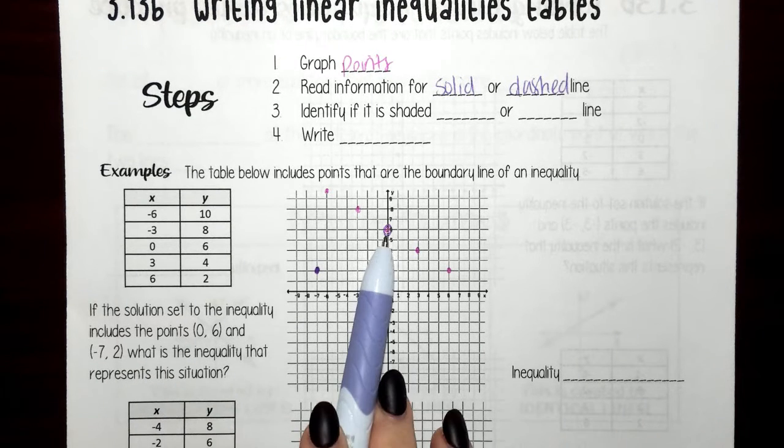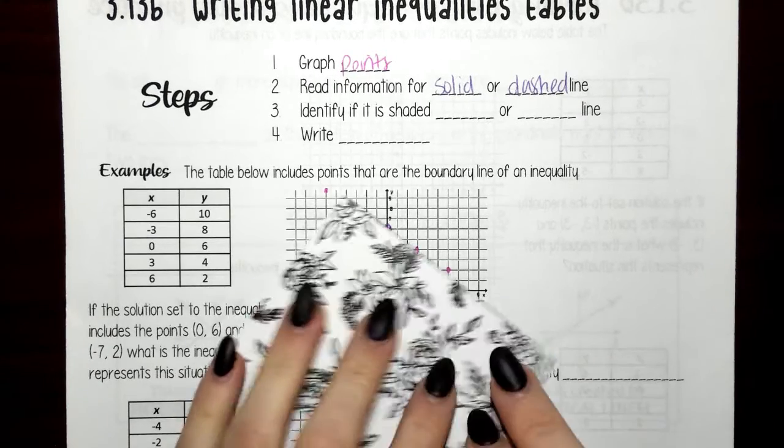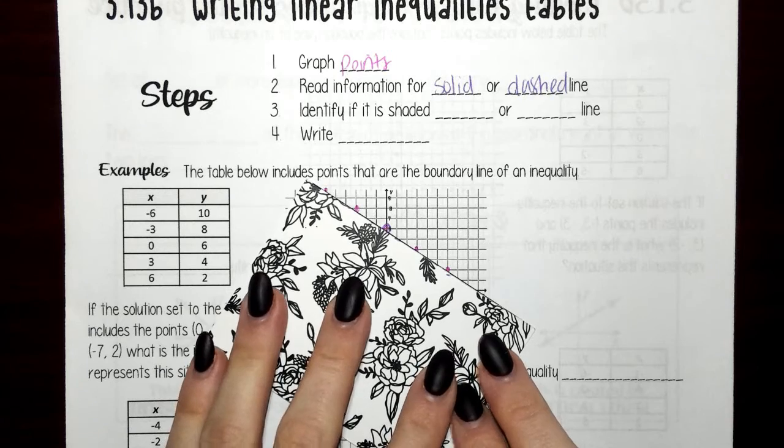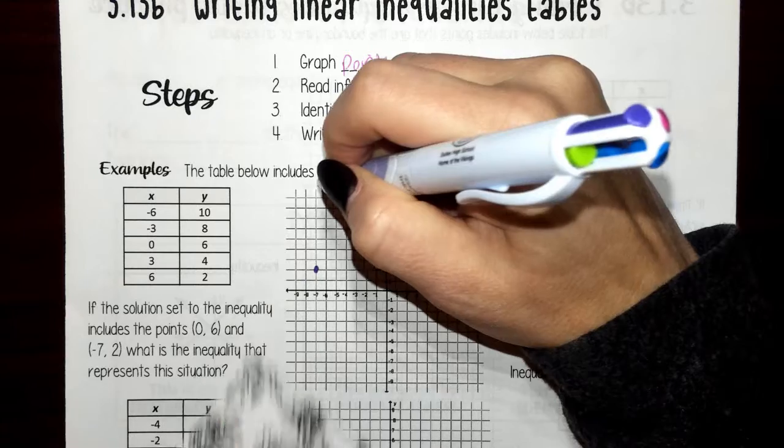So we see that part of the solution is this point right here. That means it's on the line. And remember, if our solution is on the line, then this line has to be a solid line.